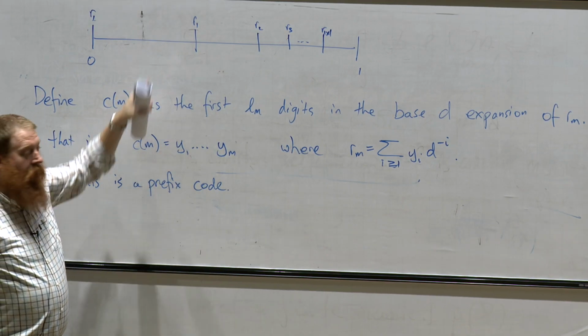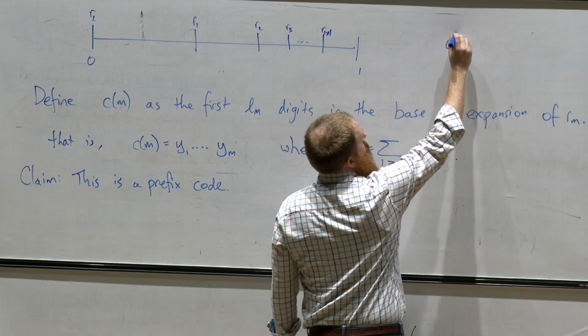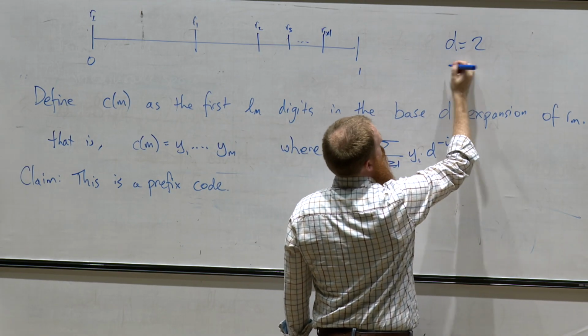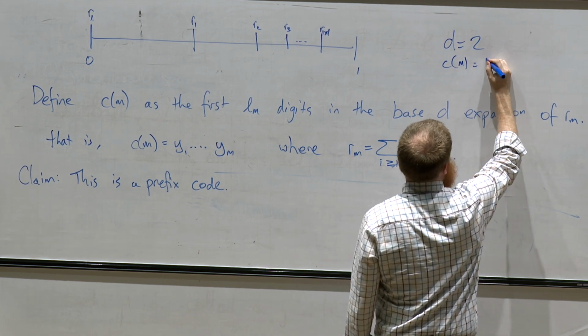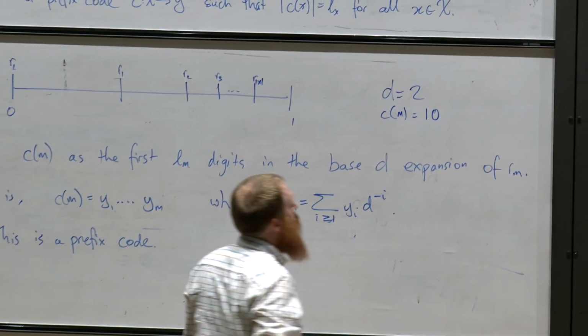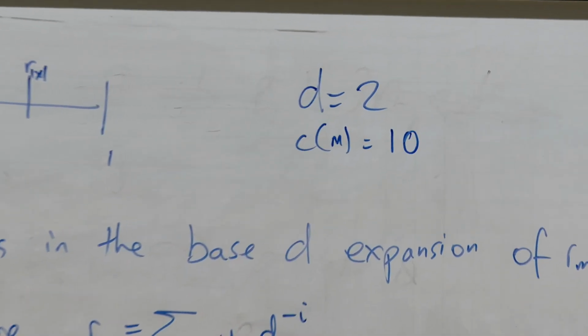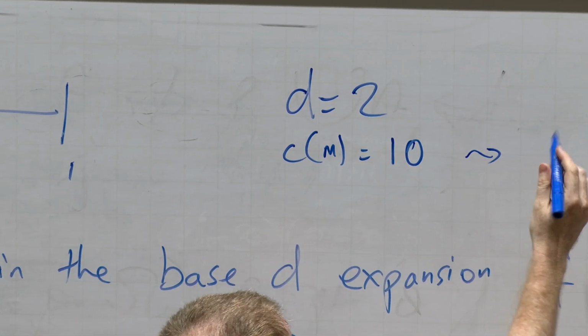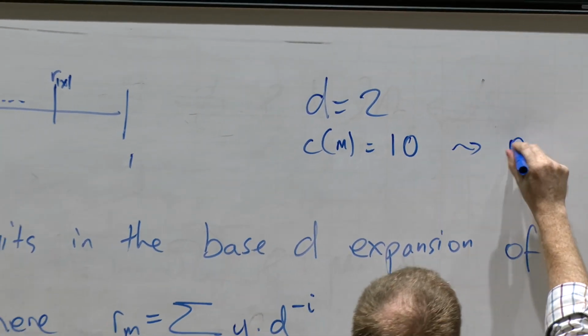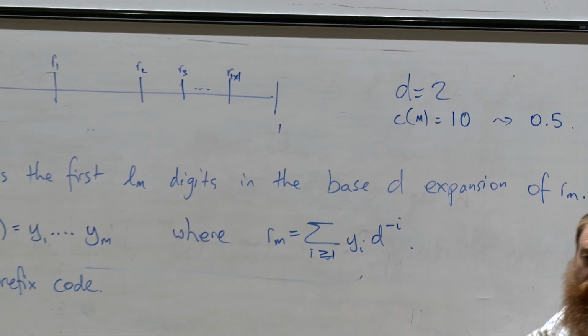If d equals 2 and Cm equals 1, 0, what does that tell me? Well, 1, 0 corresponds to 0.5, and I've got 2 digits.